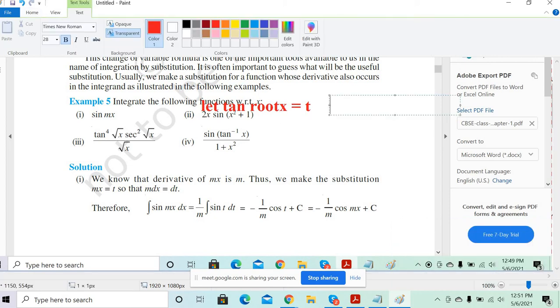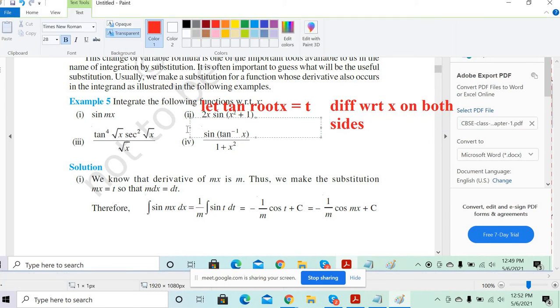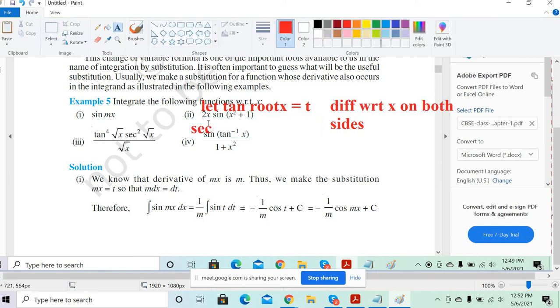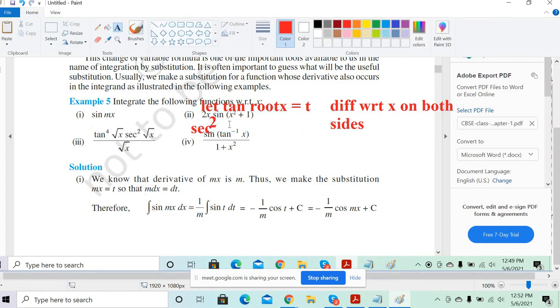Now differentiate with respect to x on both sides. So what will we get now? What is the differentiation of tan x? Secant square x, correct? Secant square root x, right?